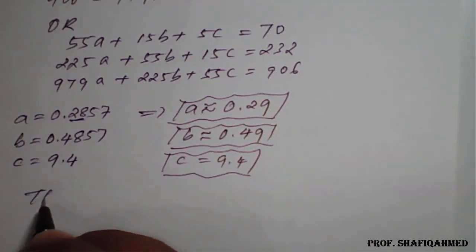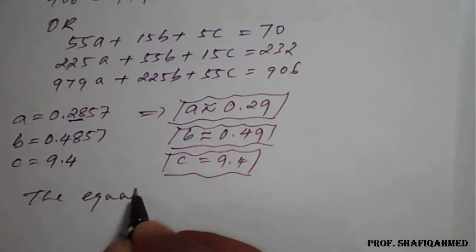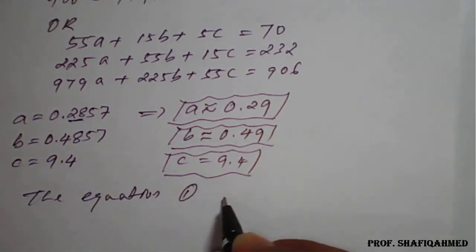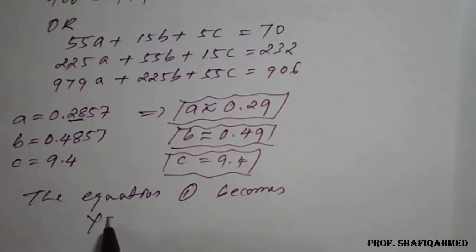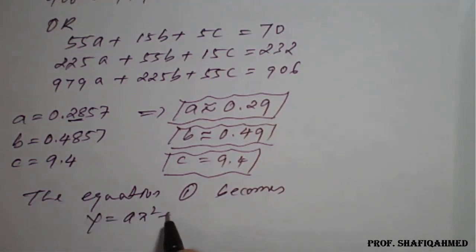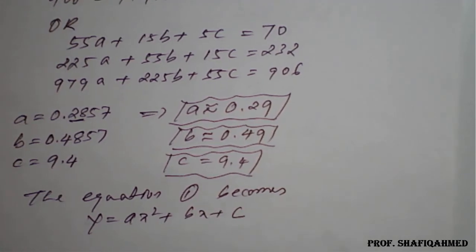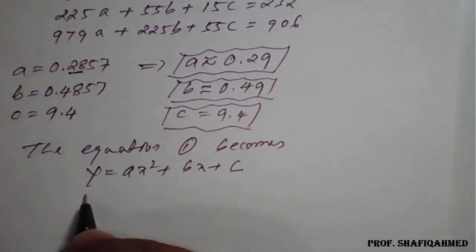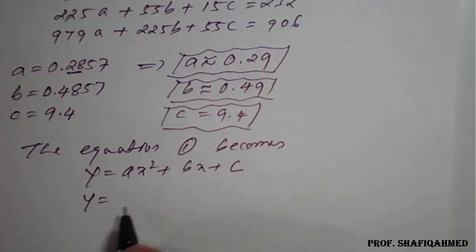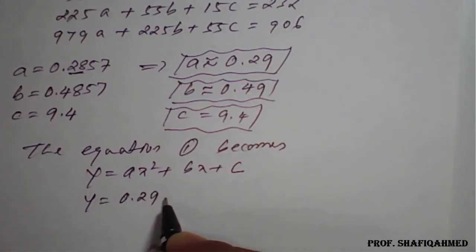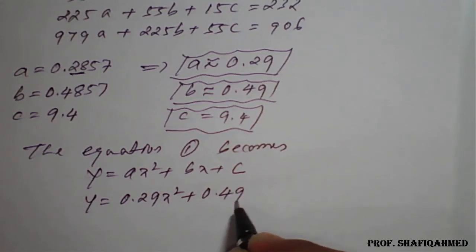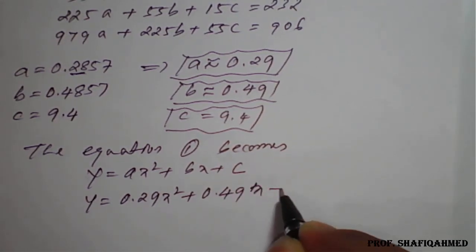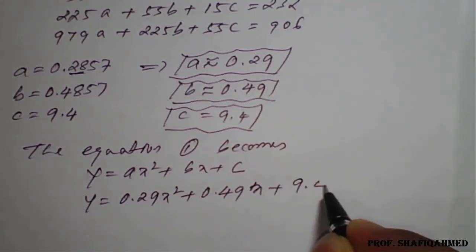Therefore, equation 1, y is equal to ax square plus bx plus c, we apply here. So y is equal to 0.29 into x square, plus 0.49 into x, plus 9.4.